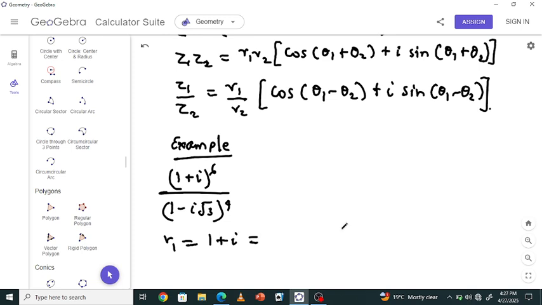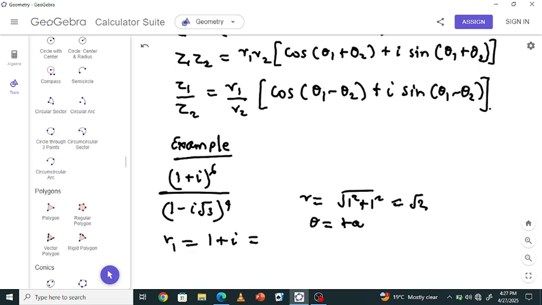We are going to write it in the form z is equal to x plus iy, and then we apply De Moivre's theorem. So we are going to find our r. Our r is the square root of 1 squared plus 1 squared, which is root 2. And then we're going to find theta.